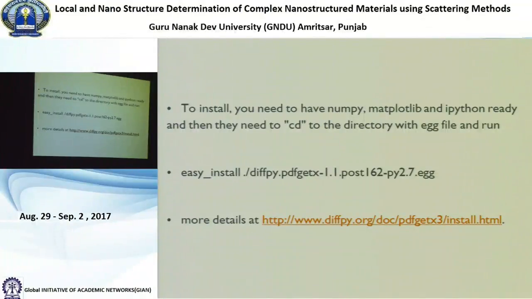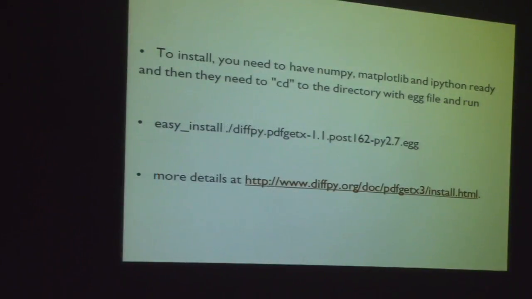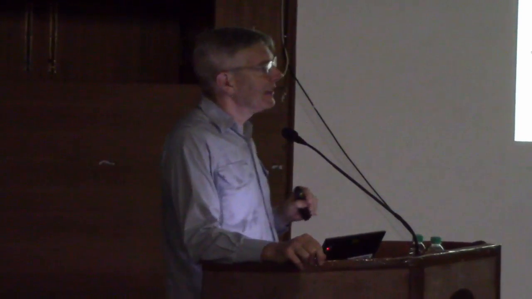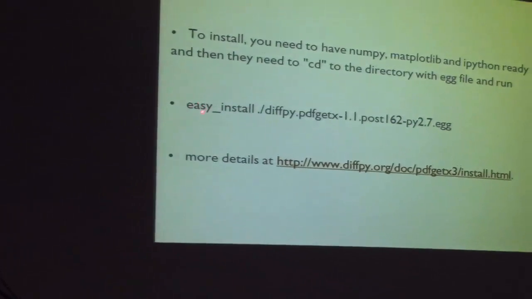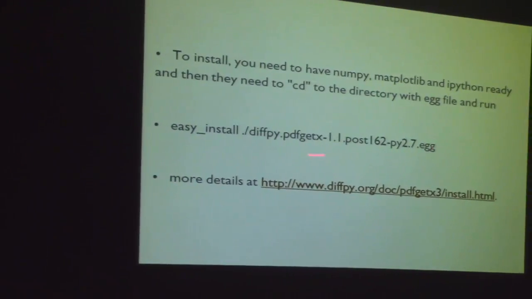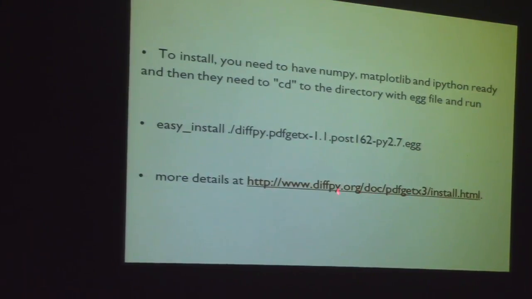So you need to know which version is your default. Then you install this by typing exactly this, easy_install, and then the file name. There are more details at this link here.